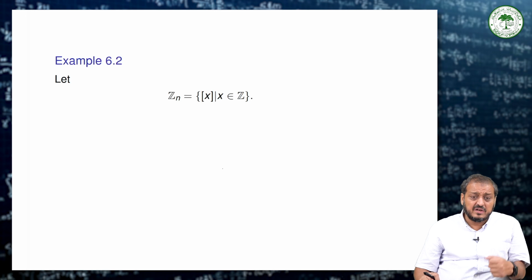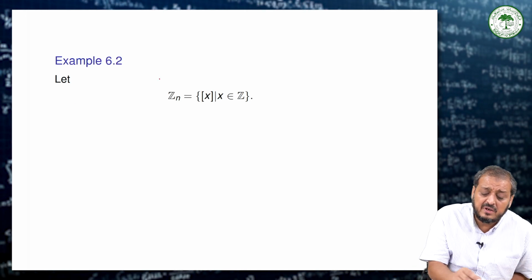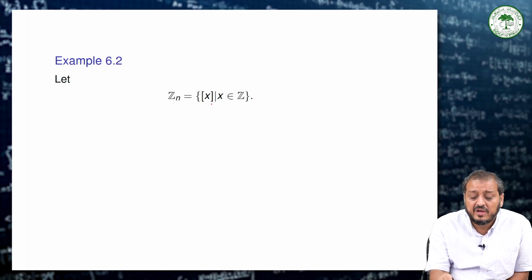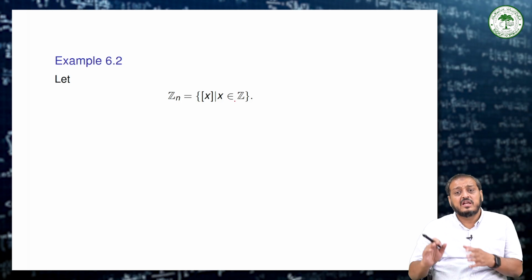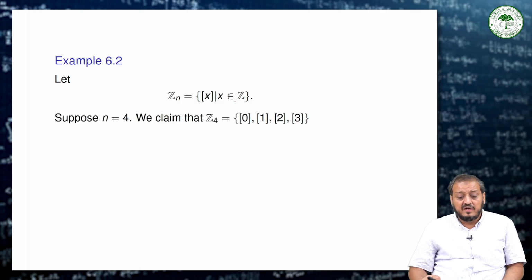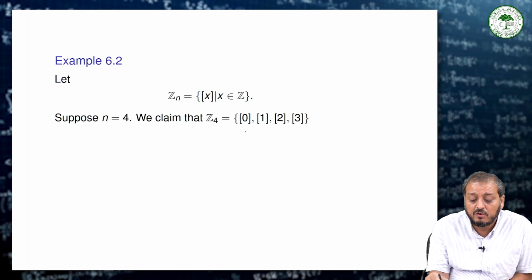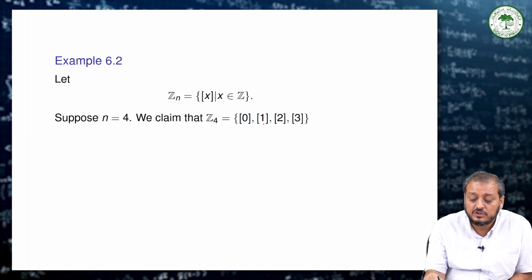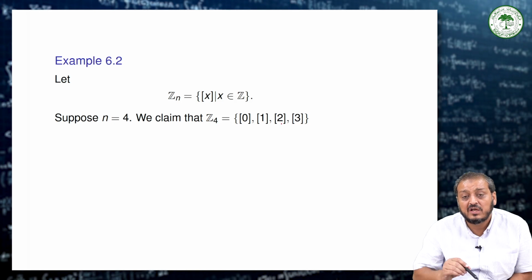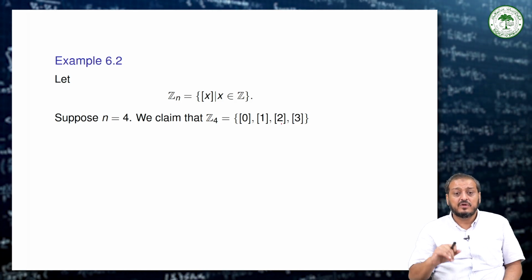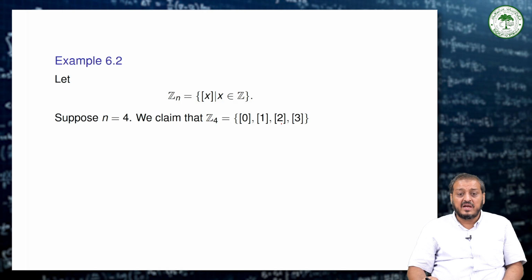Let us take an example. Zn is the set of equivalence classes of x, where x is an element of Z. Suppose n is equal to 4. We claim that Z4 is the equivalence class of 0, the equivalence class of 1, the equivalence class of 2, and the equivalence class of 3. Let us try this.